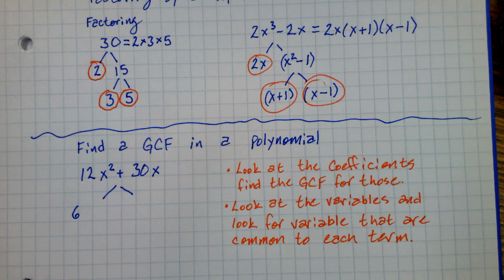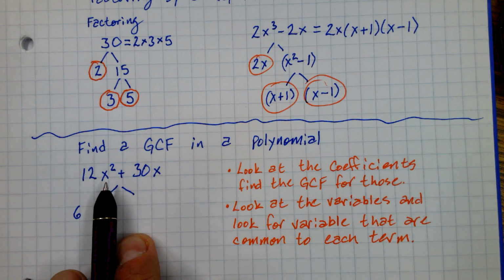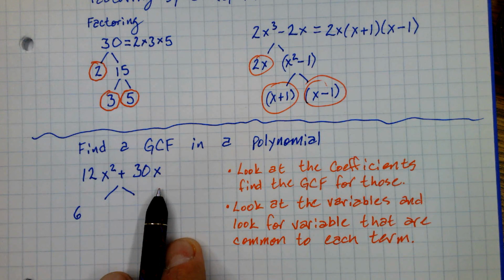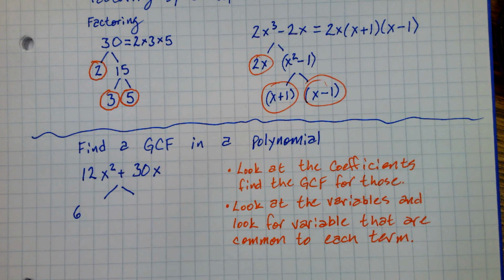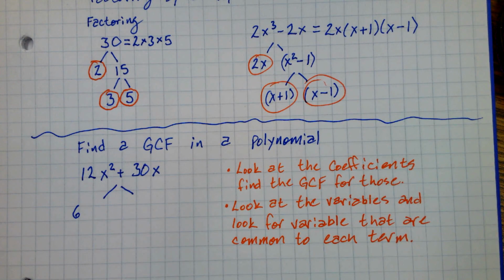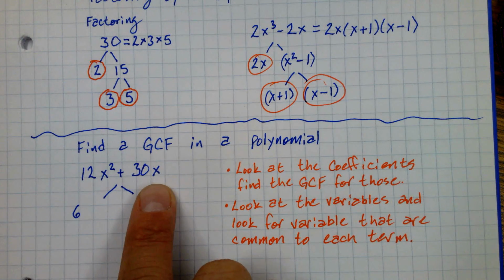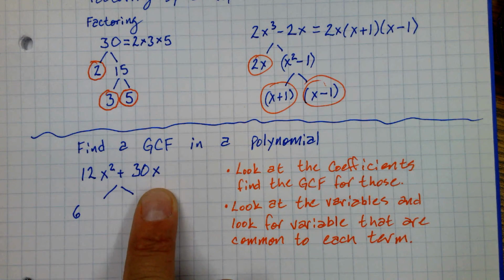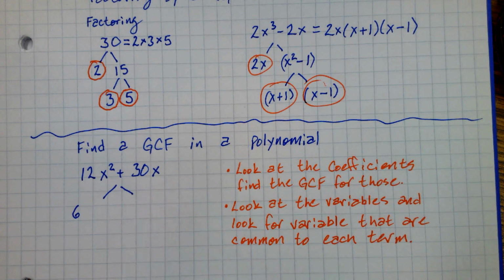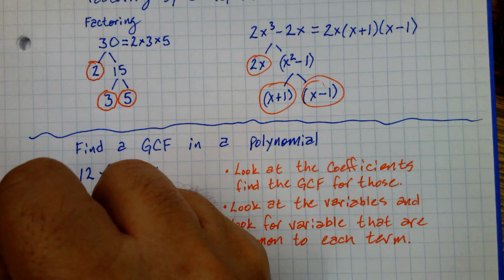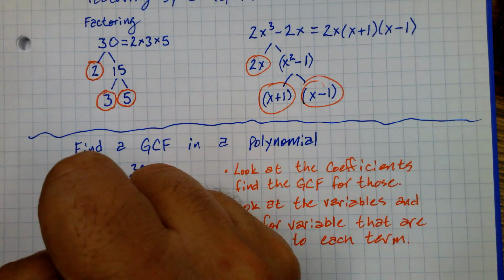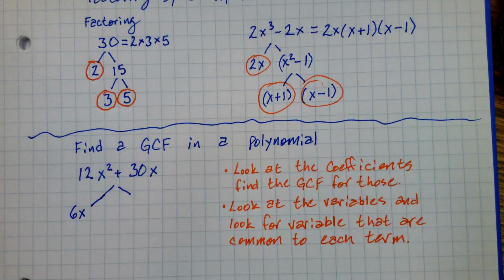Okay, so we have x squared, that's in the first term, and we have x in the second term. So we have an x term common to both terms. How many can I pull out or divide out of both terms? One, just one of them. I can't take out 2. I would love to take out 2 because I got 2 I can pull from here. But do I have 2 to pull from my second term? So the most I can pull out is an x. So this is my greatest common factor.